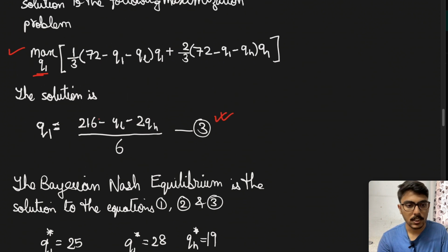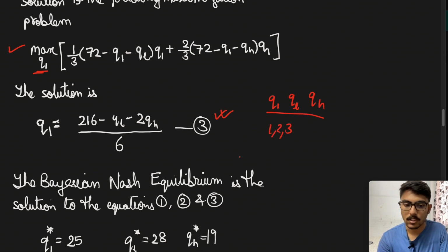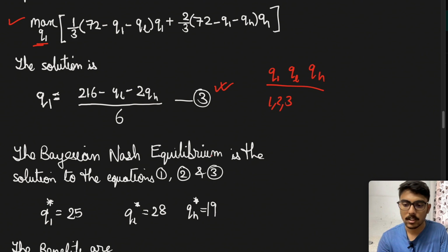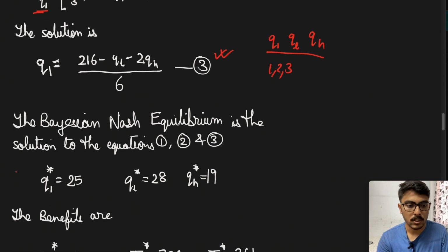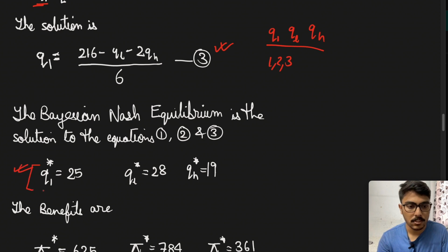So as you can see that we have three variables, Q1, QL, QH, and we have three equations 1, 2 and 3. We can easily find these out with respect to simultaneous linear equations or any other method that you might be using. So in that case, we are able to find these three values, and here star denotes that it is the value of these demand values at Nash equilibrium, or better, Bayesian Nash equilibrium.